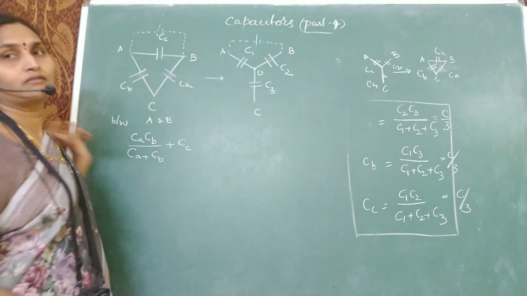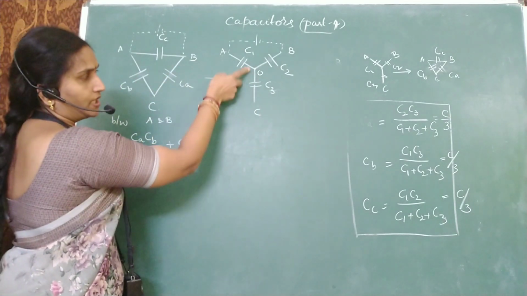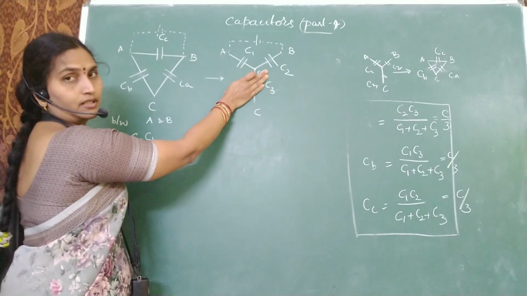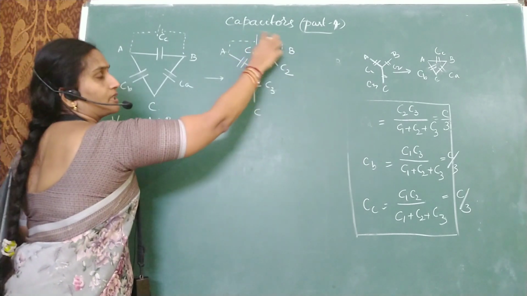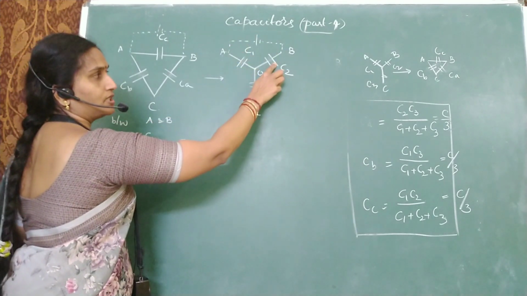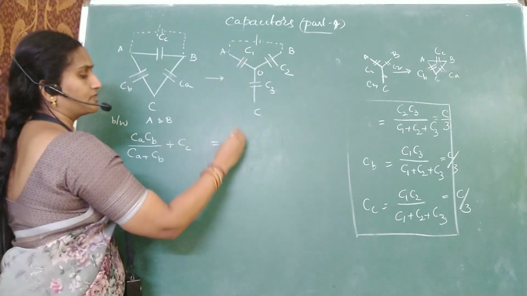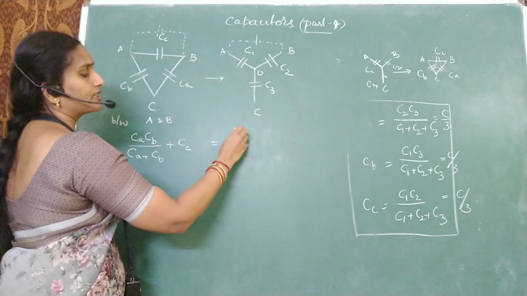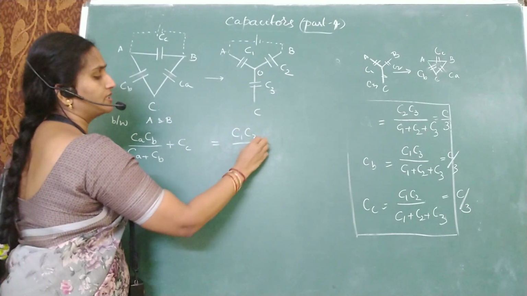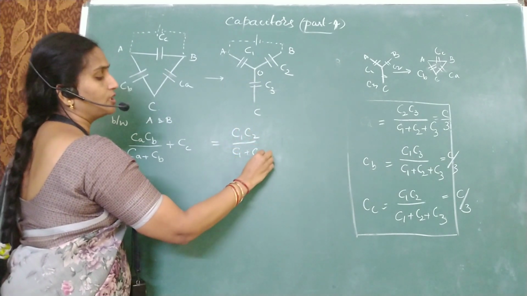From the Y network, what will be your answer? This is an open end, so no charge will flow through it. The battery is supplying charge only to C1 and C2, which are in series combination. So the equivalent capacitance would be C1 C2 by C1 plus C2.